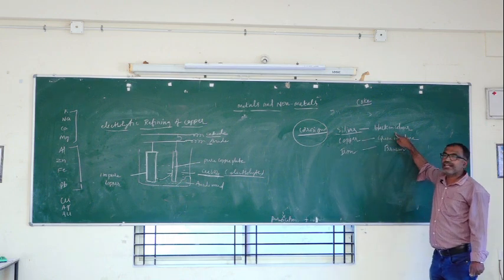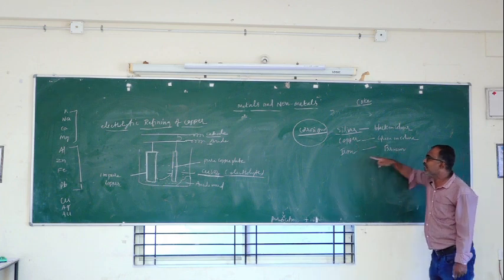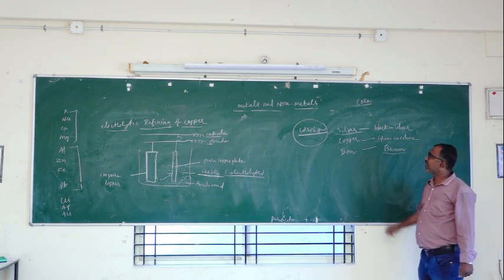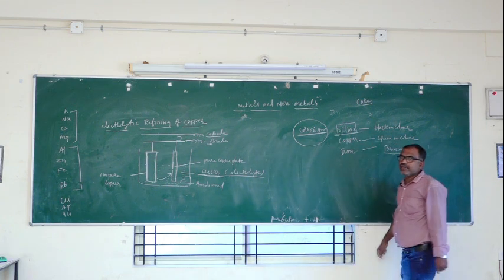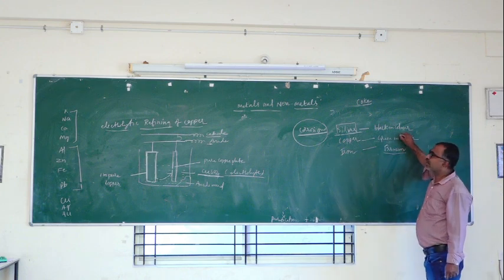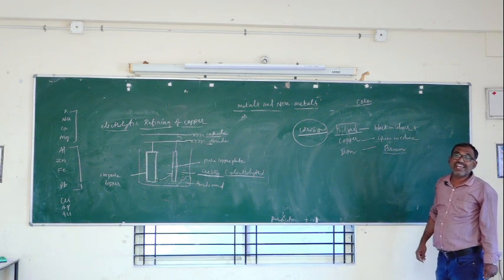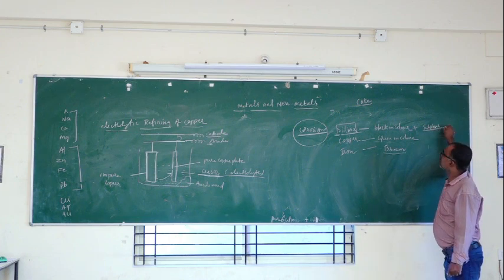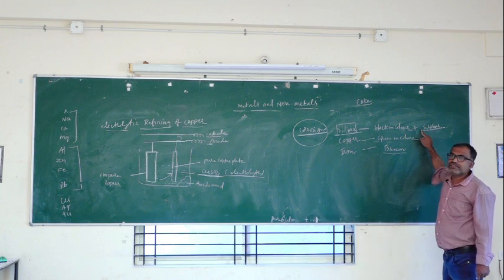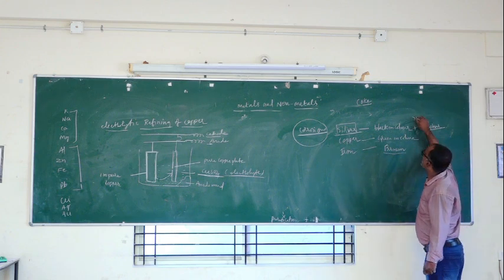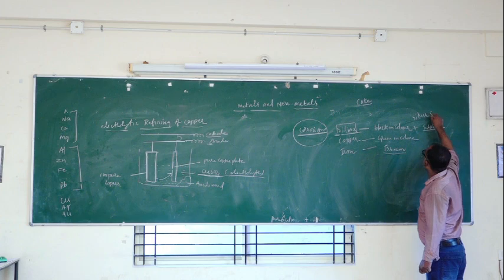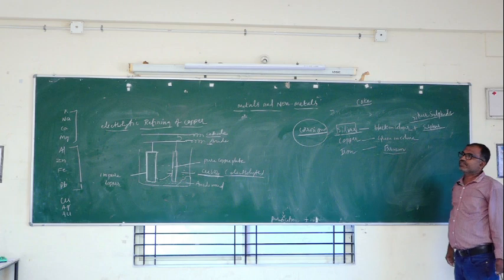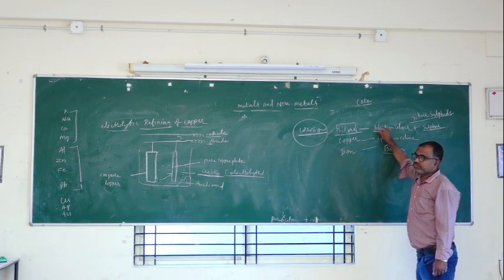Silver is going to become black because this silver reacts with the air. In the air, there is a presence of sulfur. This silver reacts with sulfur and is going to become silver sulfide, that gives the black color.